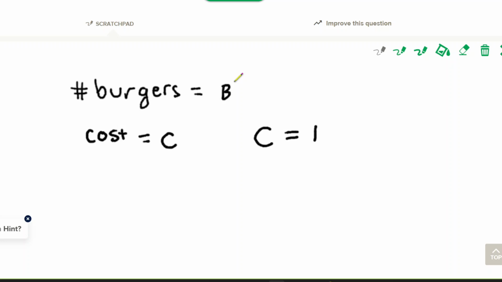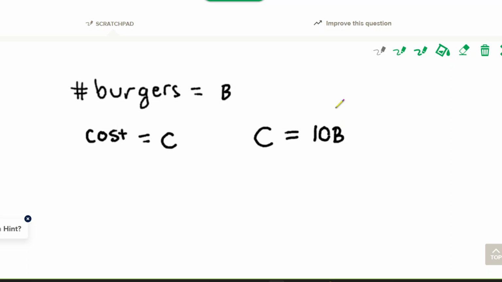So it's $10 per burger, multiplied by the number of burgers that you ate. So the relation here, the expression here would be 10b. So the cost of eating B burgers is 10 times B.